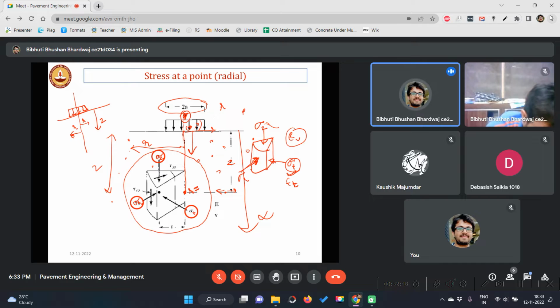And this is z. Now at this point, what will be my value of r? 0. Yes, 0, and z will be something. And at this point, what will be my value of z? 0. Okay. So basically from r and z, we can find out the location of the point, and this will be useful in finding the stress and strains manually.